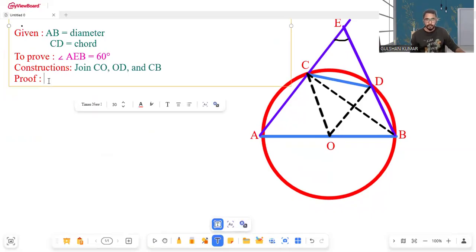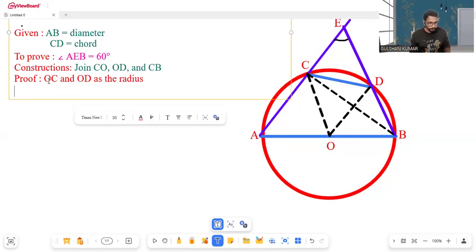Now we have a basic theory of this whole question. Now we start with the approach. First, with the construction, we have OC and OD as the radius.